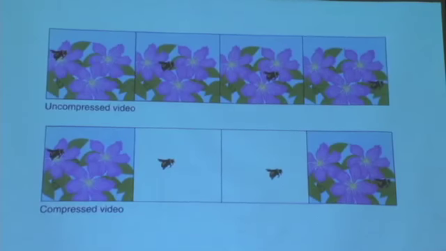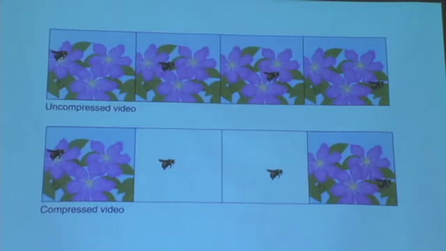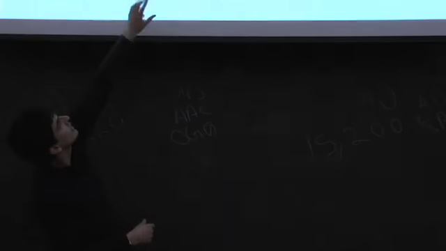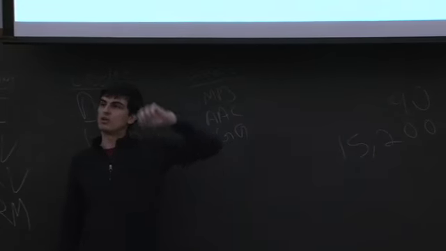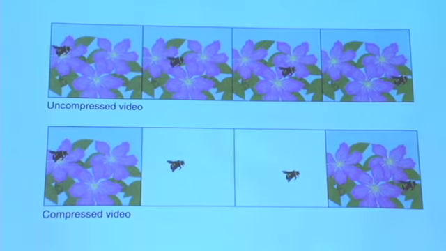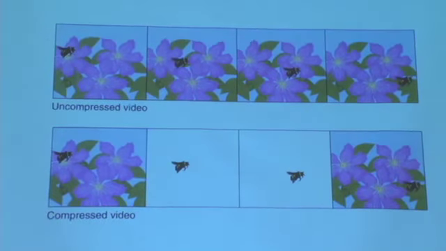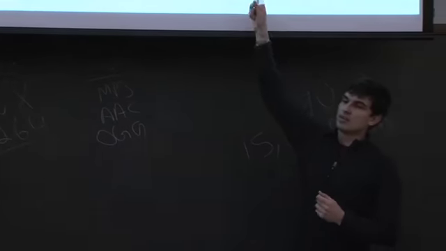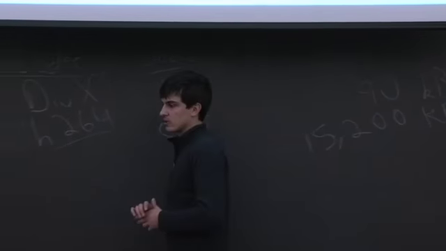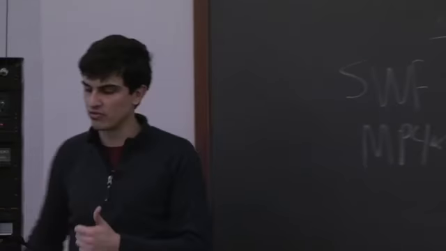We can remove it and say use the same background from the previous frame, but now change only these pixels so that the bee appears as though it is moving, and we can recreate the original scene as shown at the very top. The end result will be that we can save far fewer pixels, because we don't have to know all of the bytes that were used to make up the background of this particular video file.